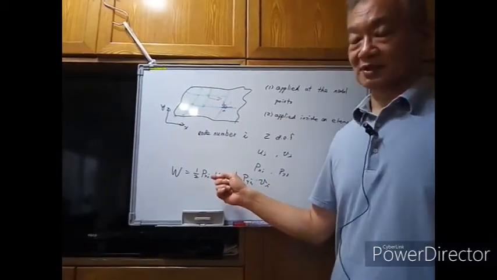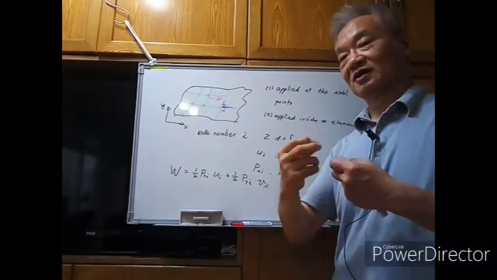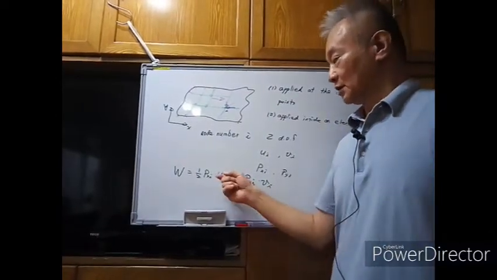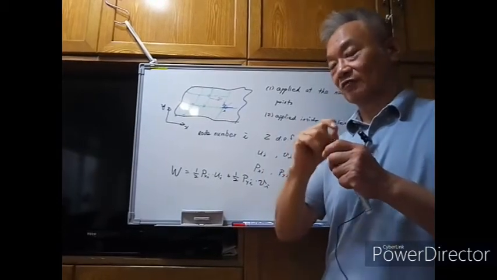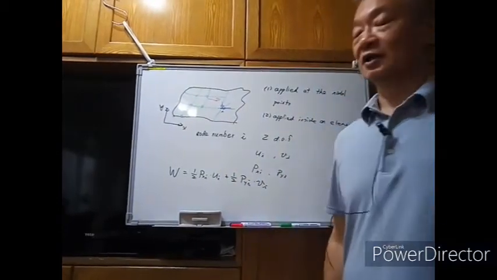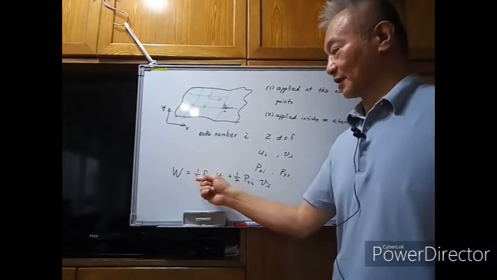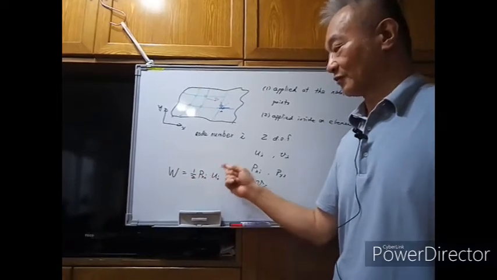Also the displacement is not a sudden move from the original position to the final positions. The ui is also gradually increased from zero to the final values. Okay, that's why we always need to multiply a coefficient of 1/2.